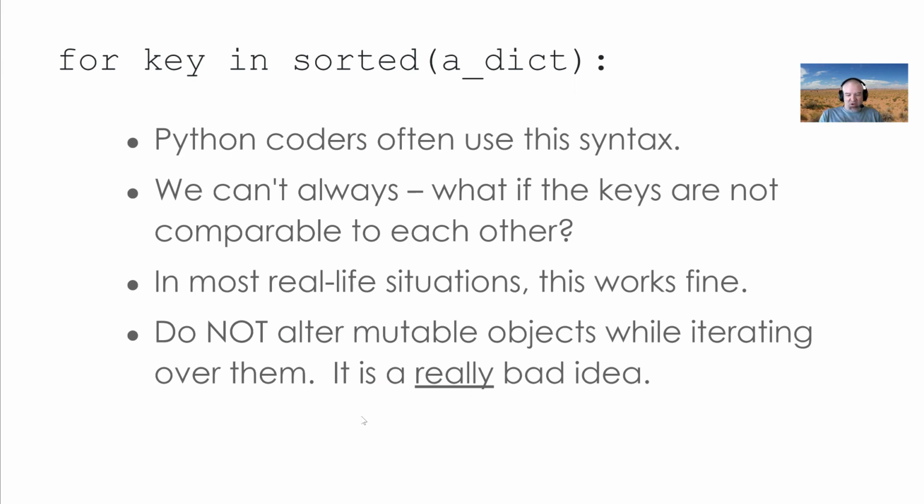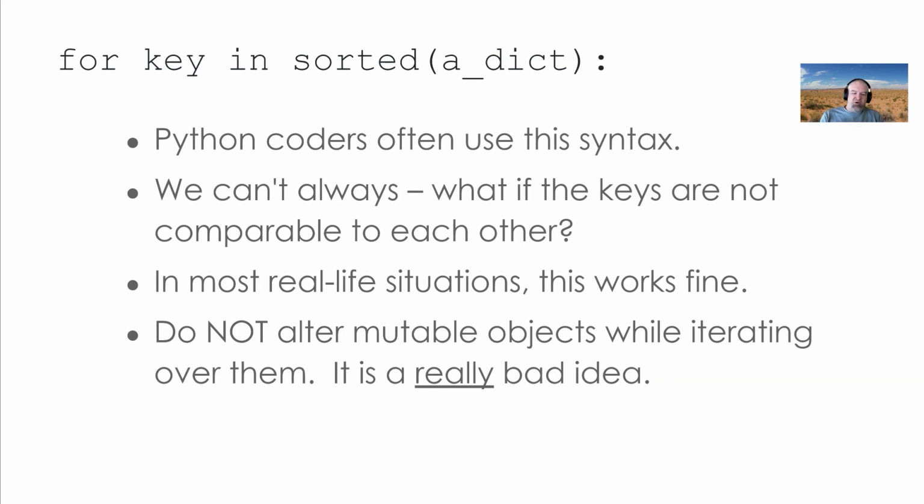Generally, it says do not do this, and it's a really bad idea, which is generally true. Essentially, do not alter mutable objects while iterating over them. So if you're iterating through something, you should probably not be changing it as you're iterating through it. That's not always true, but generally you don't want to do that, because it might do some things that you're not expecting, and then your mutable object is messed with, and you're kind of stuck.